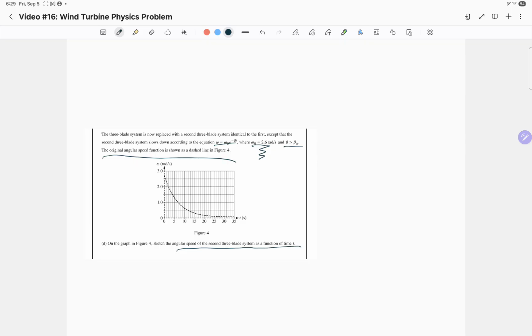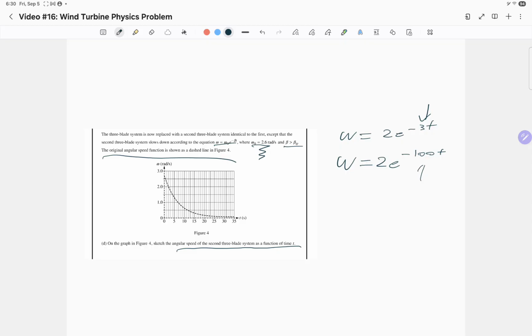Normally, what I would suggest here is, if we have an equation for angular velocity that's like 2e to the negative 3t or something like that, now we have a new function: 2 stays the same, and this is purely hypothetical, e to the negative 100t.